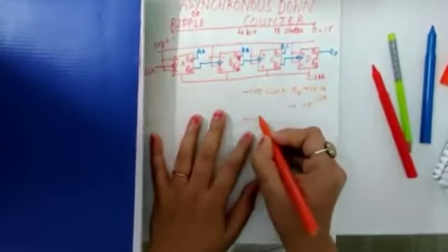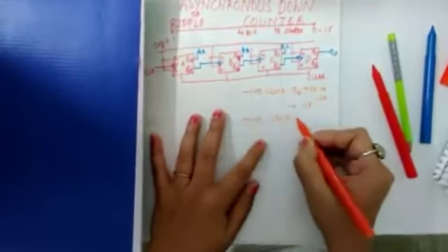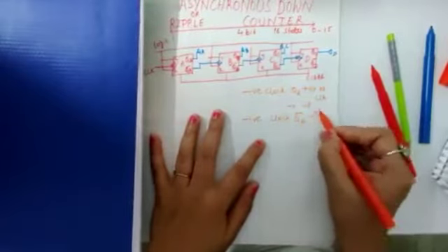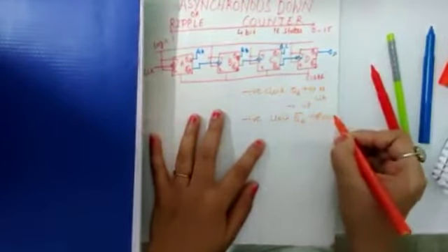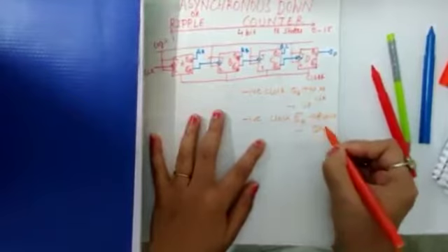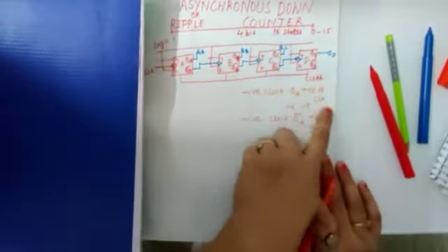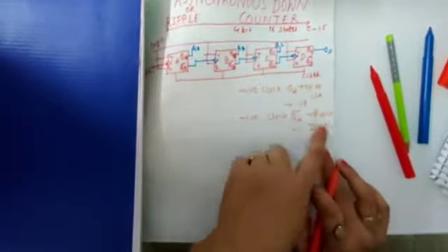If negative clock and QA bar output as clock, it will do down counting. This is just a trick to learn. Negative clock, QA output: up counting. Negative clock, QA bar: down counting.